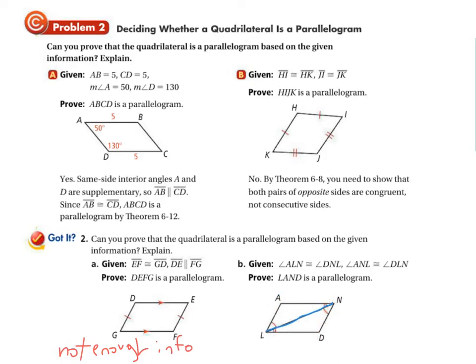Once we know that, we know all corresponding parts are congruent, and we know that this side is congruent to that side, and that side is congruent to that side. That is enough to prove that it's a parallelogram if we have opposite side pairs congruent. So we can say, yes, it is a parallelogram, and that's the symbol for a parallelogram.